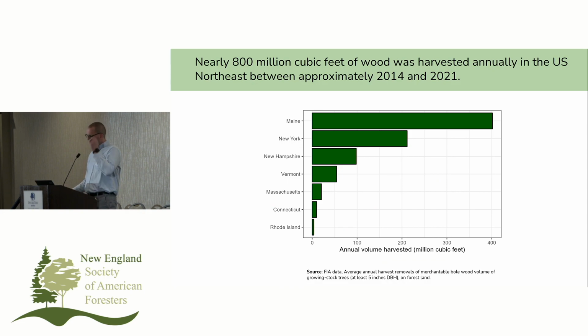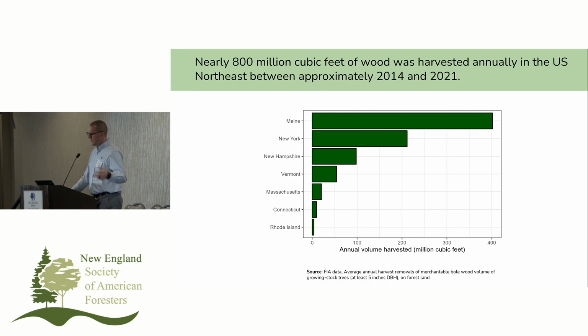These are some data from the FIA program. If you look at how much we remove from all forests across the Northeast, it's about 800 million cubic feet of wood every year, at least looking at the last cycle of FIA data since about 2014 or so for most of the northeastern states. Not surprisingly, Maine is the clear winner in terms of largest annual volume harvested.